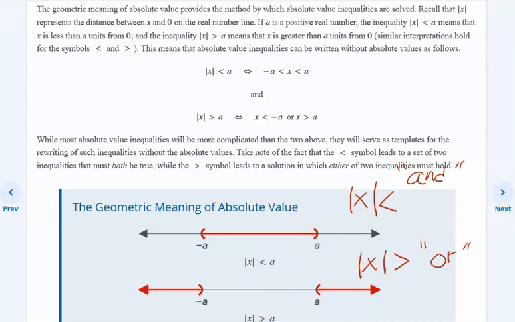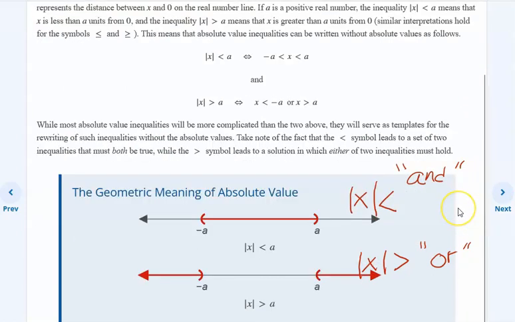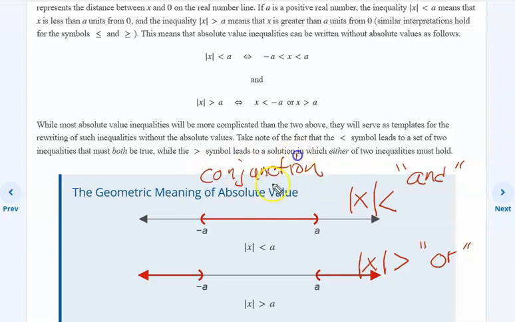Let me raise it up just a little bit more. There we go. And they're showing you what, and let me give names to this. You might add this. This symbolism is a conjunction. And this symbolism represents a disjunction.